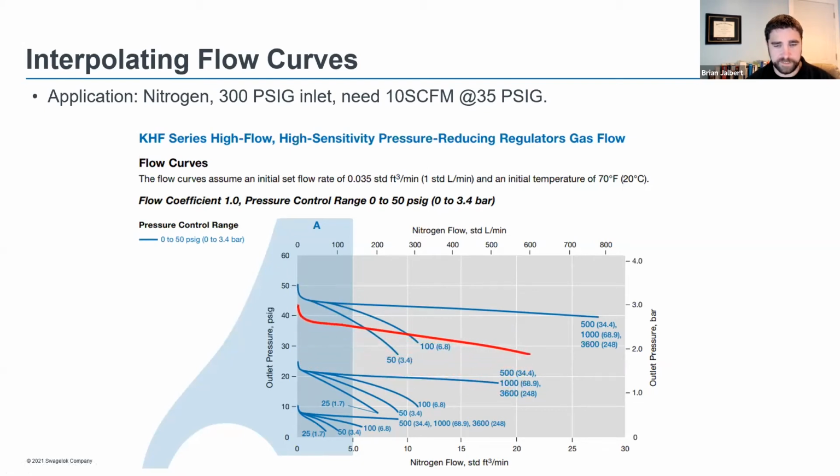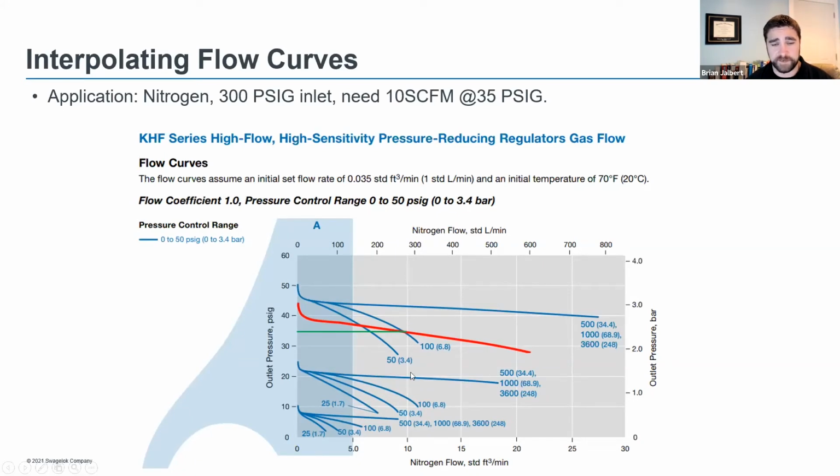And we'll be able to see that this regulator is easily going to be able to provide 10 CFM without a problem at 35 PSI. You'll notice that while I was moving that flow curve up and down, I didn't drop below this 25 generated flow curve. Regulators perform a little bit differently at different pressures. That's why we graph the flows at different inlet pressures.